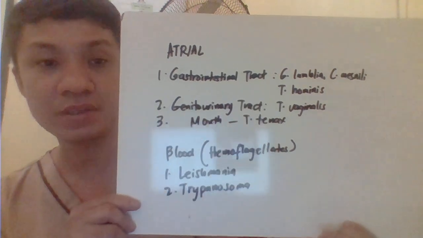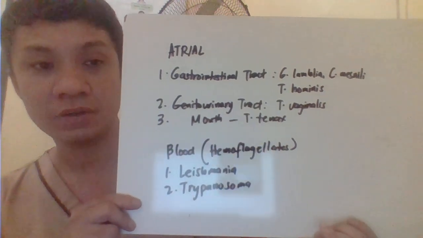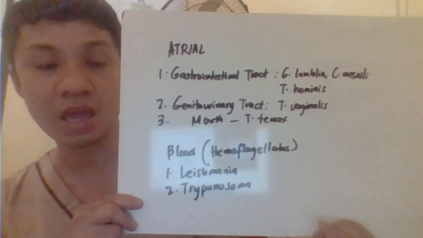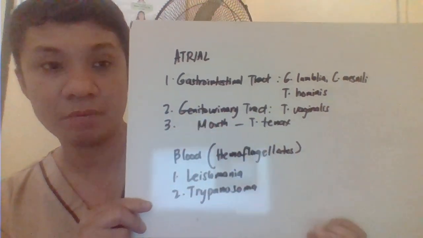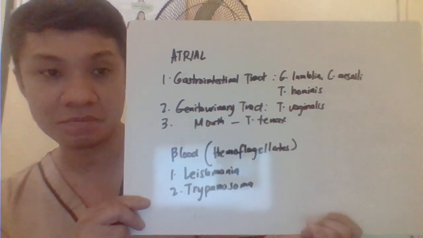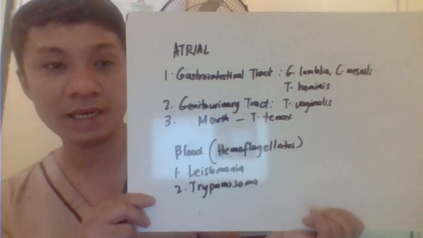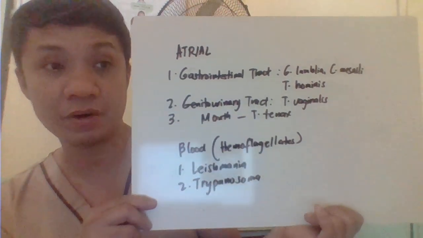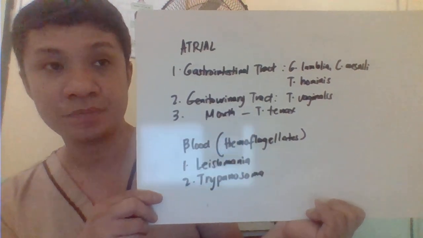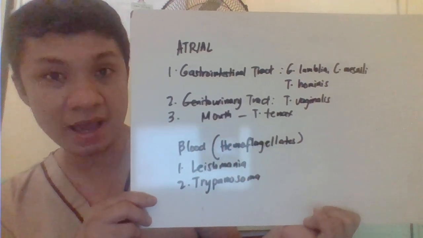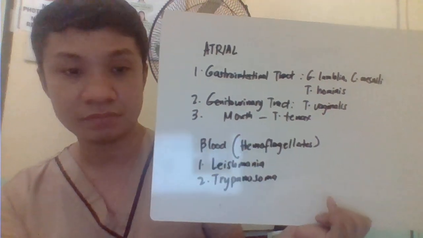We also have the genitourinary tract, with Trichomonas vaginalis, and the mouth, Trichomonas tenax. The latter part will discuss your blood flagellates, the hemoflagellates, which include the genus Leishmania and the genus Trypanosoma.